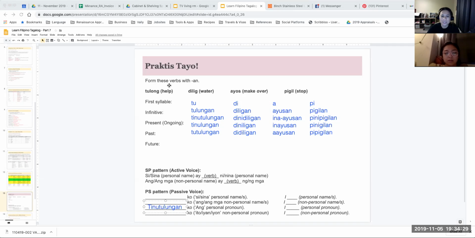So what if you want to say this? I'll give you some more prompts here. Let's use the past tense of ayos. Ayos, past. Definitely we are already in one of these in focus.